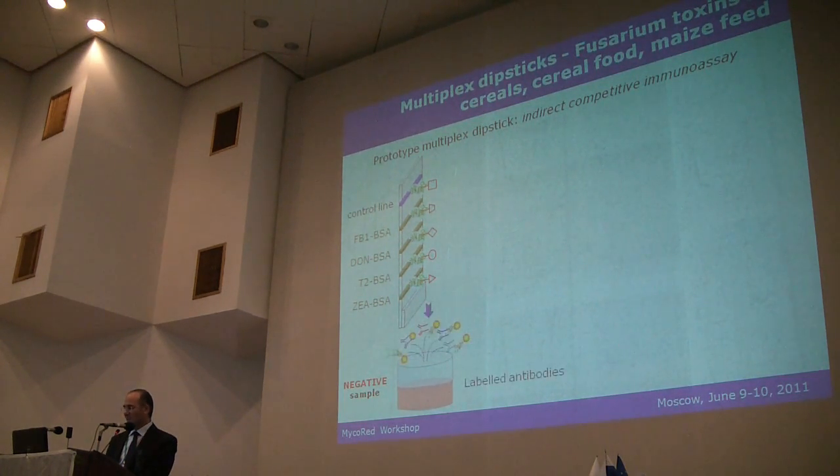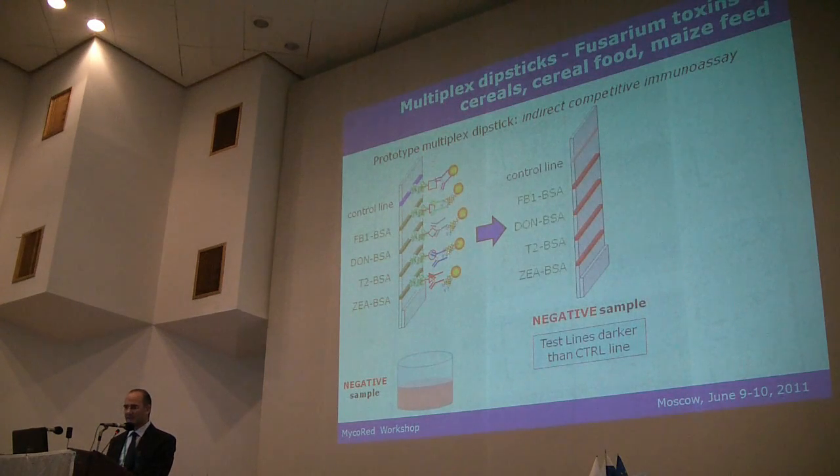When we add to a negative, blank solution, labeled antibodies, the antibodies don't find mycotoxin in the solution, are free, and they can bind the mycotoxin on the strip.